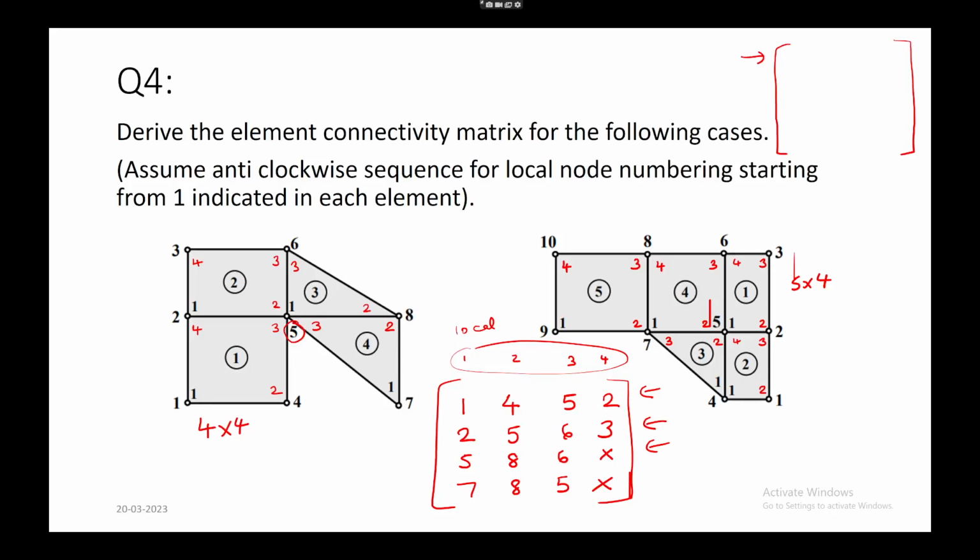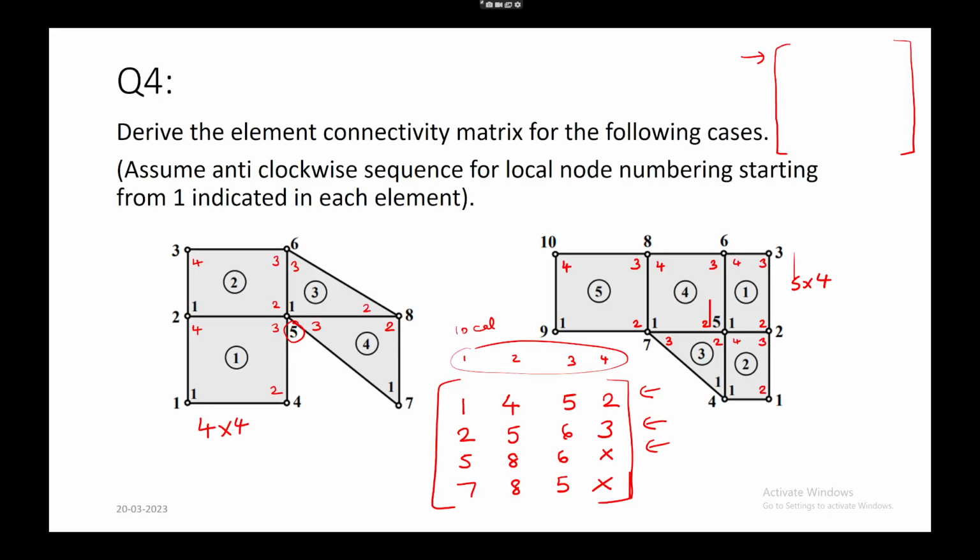What about the second row? 4, 1, 2, 5. Okay. What about the third row? 4, 5, 7. Okay, this will be empty.